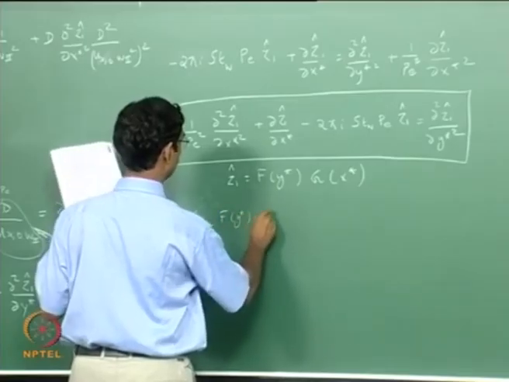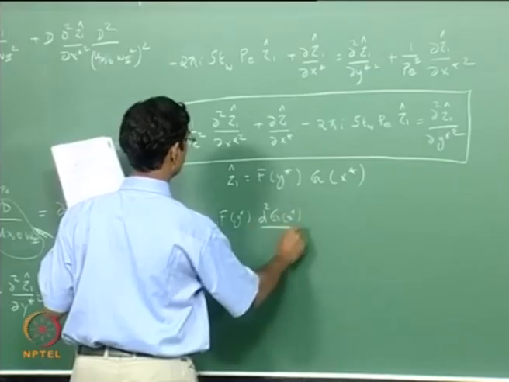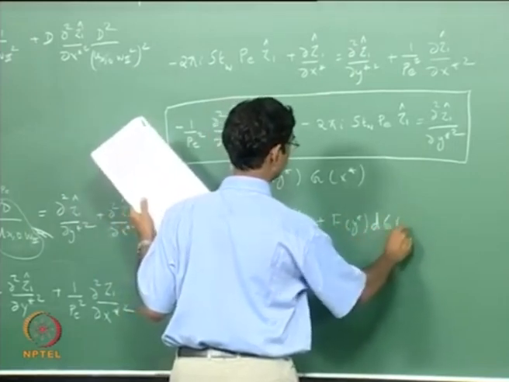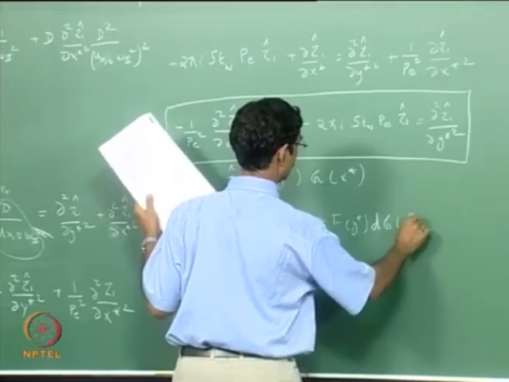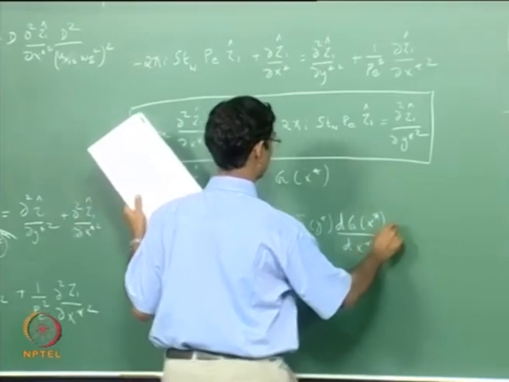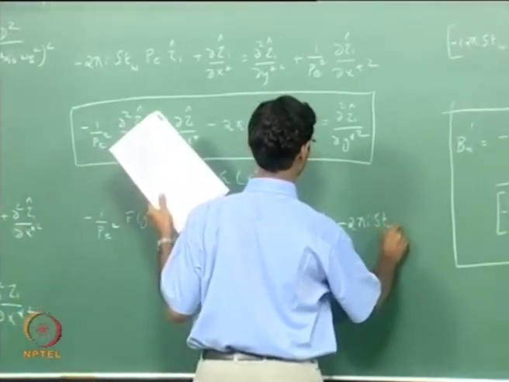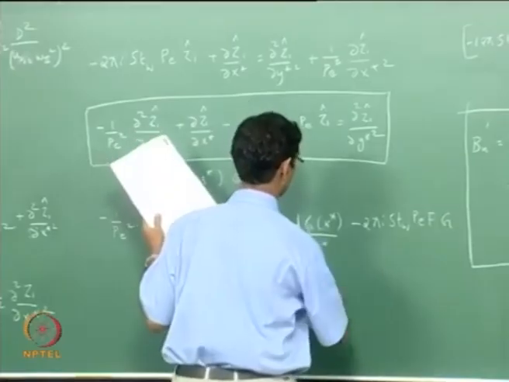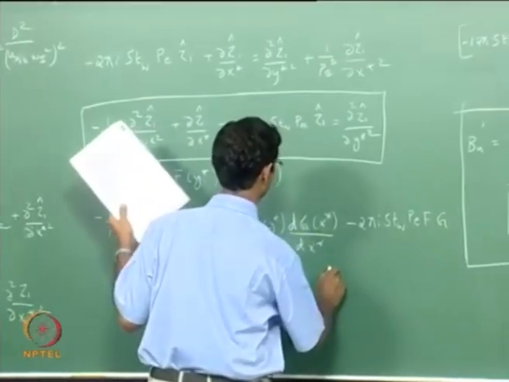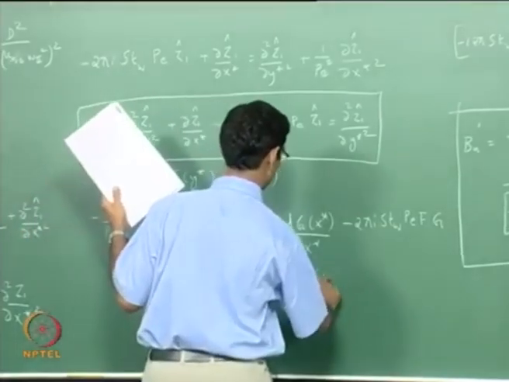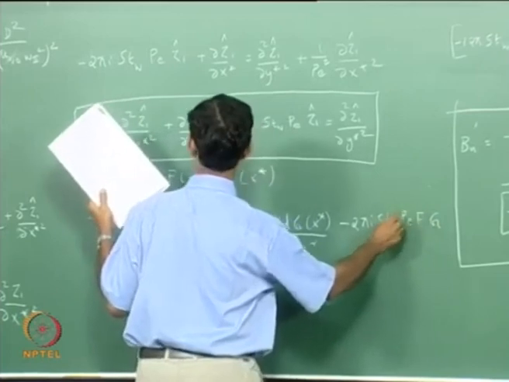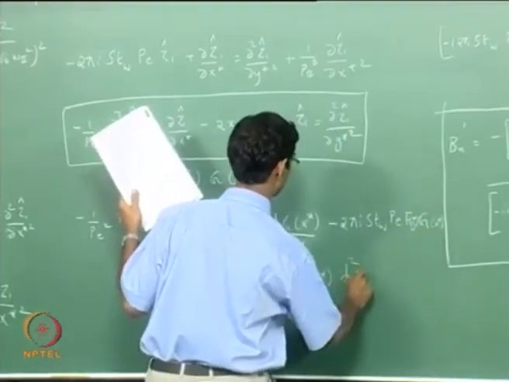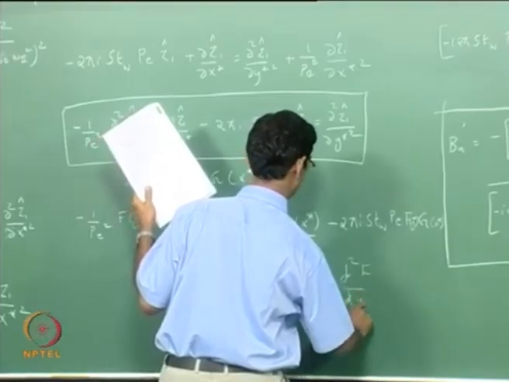F of y star into d squared g of x star divided by dx star squared plus f of y star dg of x star divided by dx star minus 2 pi I St W Pe f g equal to, here also I should have the arguments, so f of y star g of x star d squared f by dy star squared.